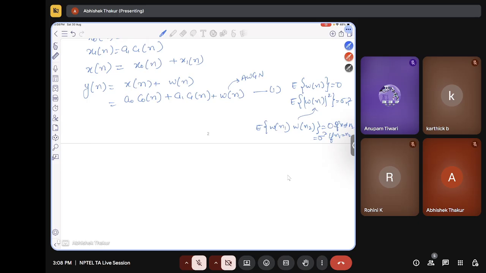Now for user 0, we will use code C0 to recover the signal. The complete Y[n] is received at user 0, but we will use code C0 to recover the signal.